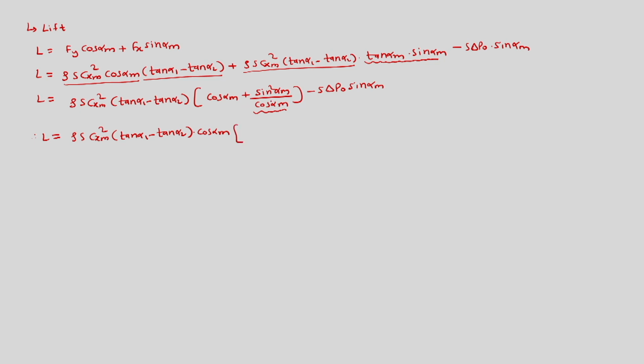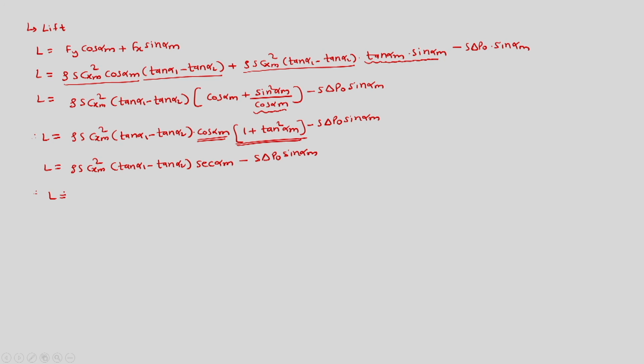Once we take cos alpha m common, we know it will decompose into 1 plus tan square alpha m, minus S delta P naught sin alpha m. So, we can say that rho s Cxm square tan alpha 1 minus tan alpha 2 into cos alpha m, and then this term is sec square alpha m. So, we will have sec alpha m minus S delta P naught sin alpha m.